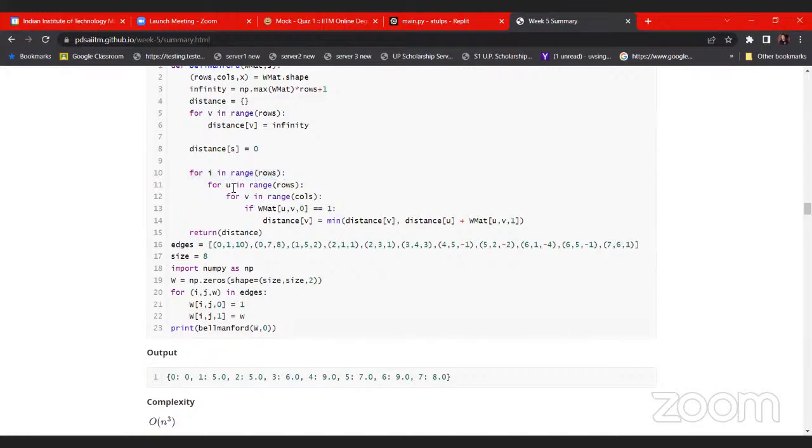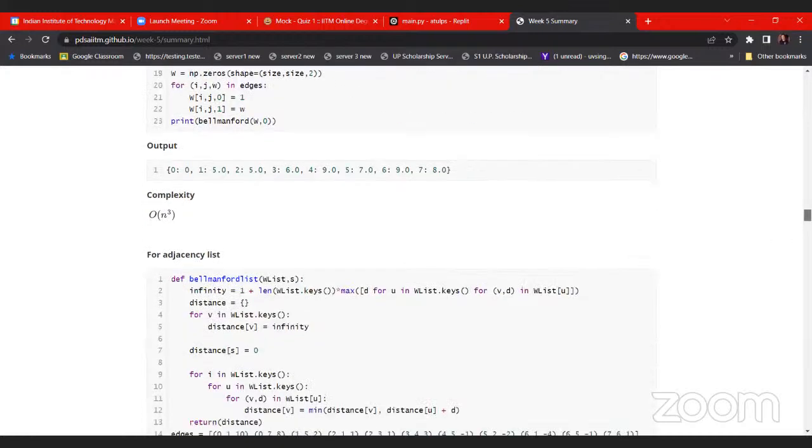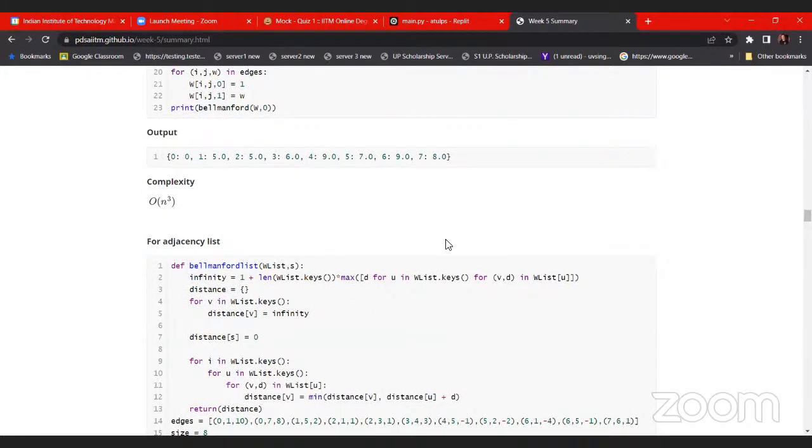After that, for each vertex, we check how many adjacent vertices are available, and we update the distance if we get a smaller value. We repeat this process, and finally we get the shortest path information. These are the two algorithms we use for single source shortest path.